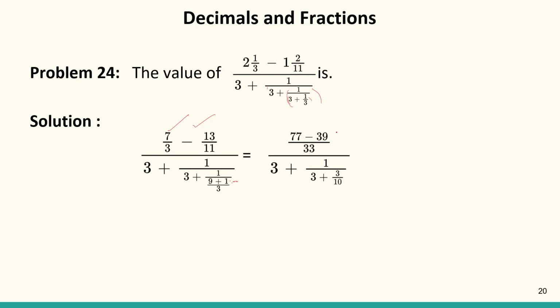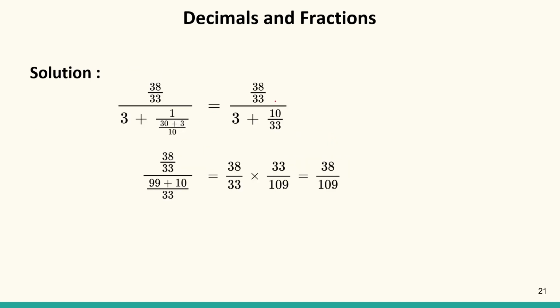Simplifying this, what we are left with is 38 by 33 in the numerator. In the denominator what we are left with is 3 plus 1 by 30 plus 3 whole by 10. Again we take the reciprocal here and 10 by 33.